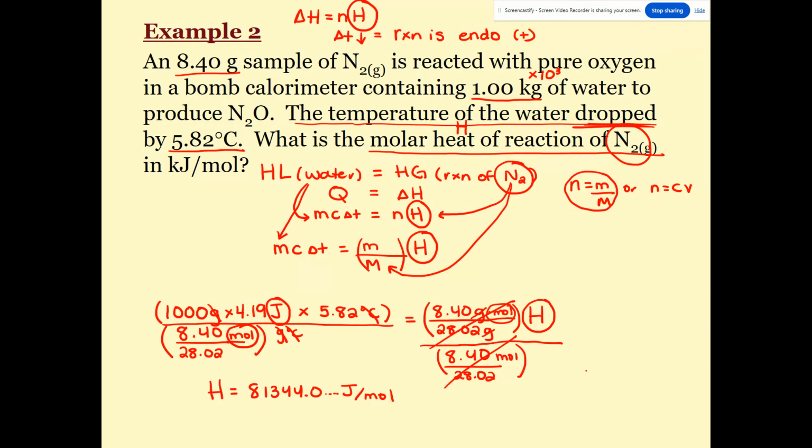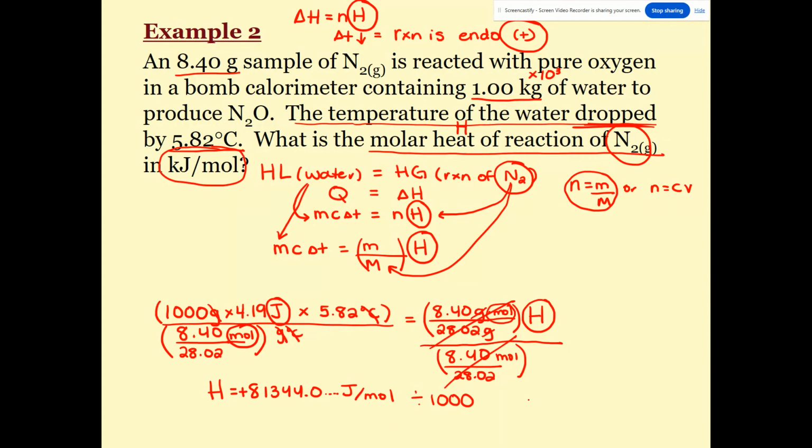Okay, so notice how the question wants our answer again in kilojoules per mole. So I need to divide by 1,000 or divide by 10 to the power of 3, the same thing. And then remember, our reaction is endothermic because the temperature of the surrounding water went down. So that means I need to put a positive in front of my answer.